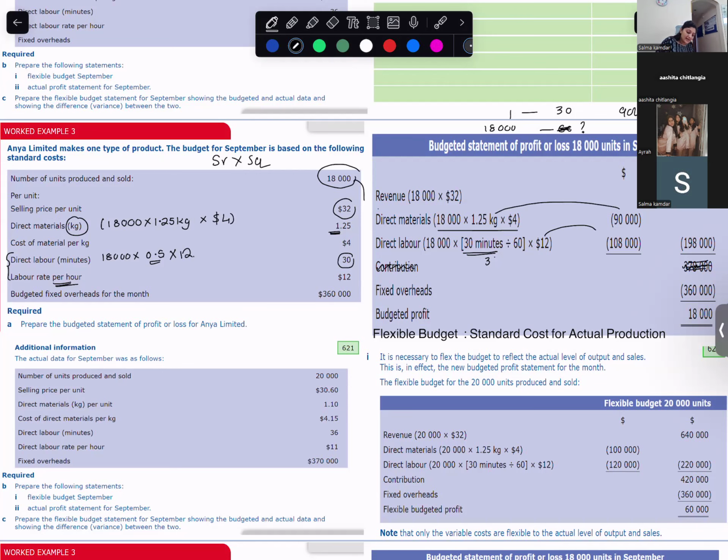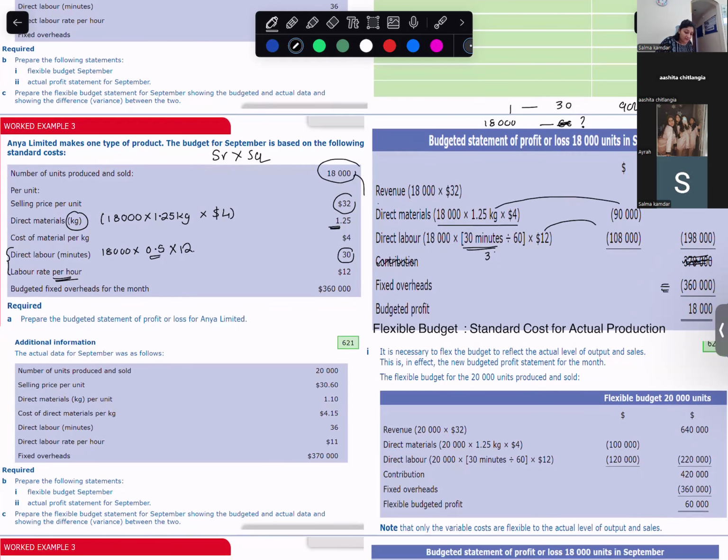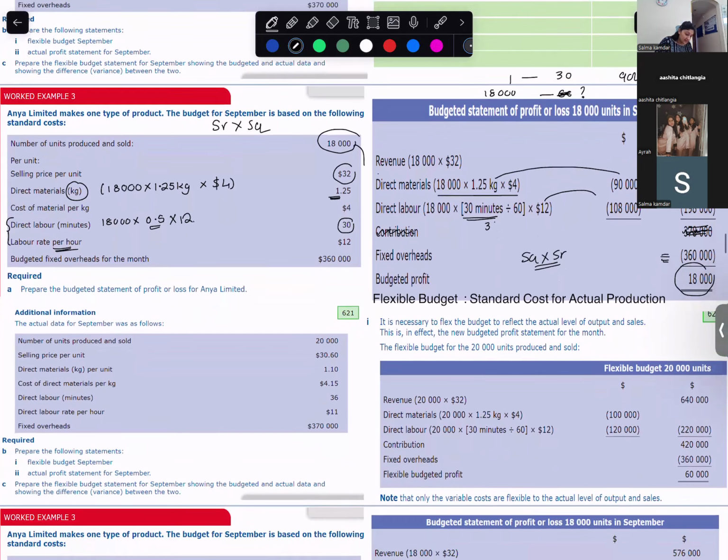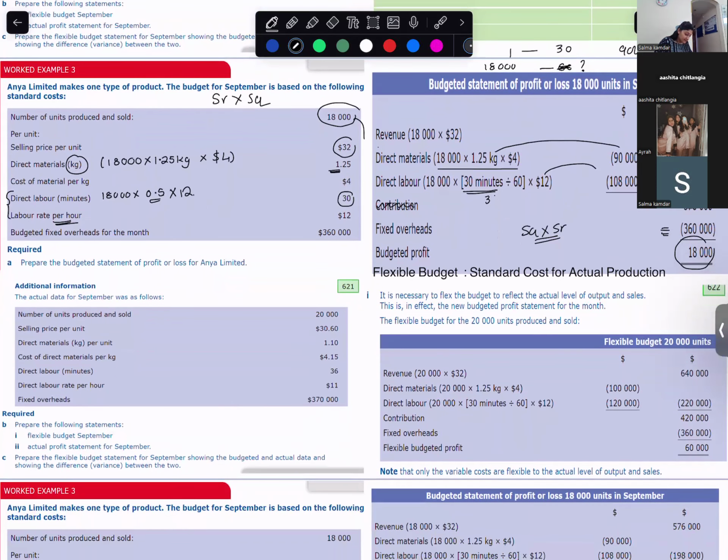Your fixed overheads are going to remain fixed, whether it is standard quantity or actual quantity. So revenue minus all your costs will give you your budgeted profit. Budgeted profit, standard quantity, standard rate. Are you with me? Yeah. This is done.